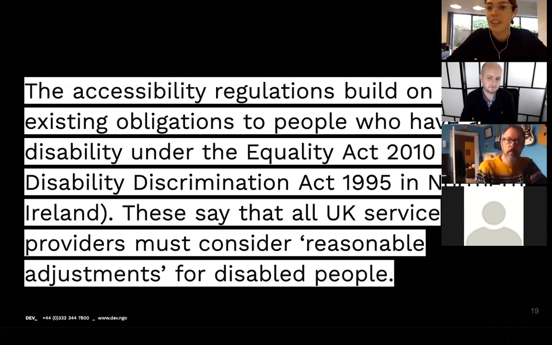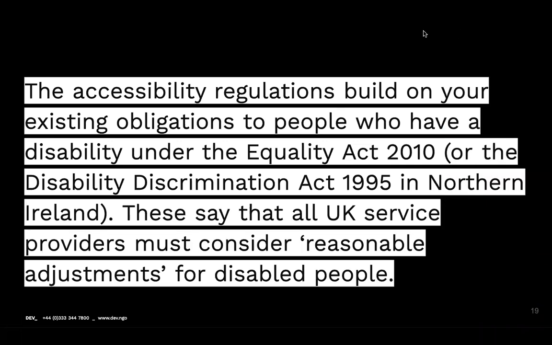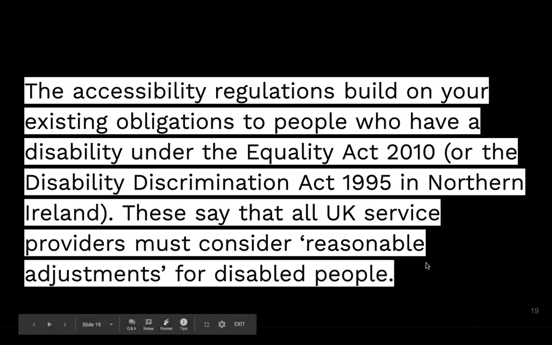I just want to quote for you from the gov.uk guidelines that the accessibility regulations build on your existing obligations to people who have a disability under the Equality Act 2010 or the Disability Discrimination Act 1995 in Northern Ireland. These say that all UK service providers must consider reasonable adjustments for disabled people.